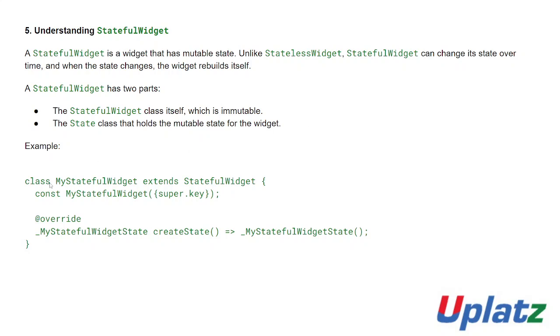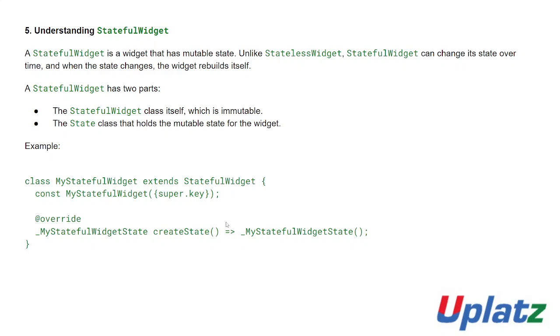Example: class myStatefulWidget extends StatefulWidget. Then curly bracket open, const myStatefulWidget like before. Then within brackets, super.key, semicolon. Then override State underscore myStatefulWidget, createState function.